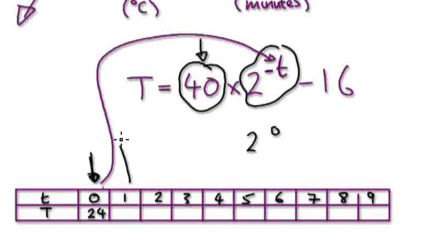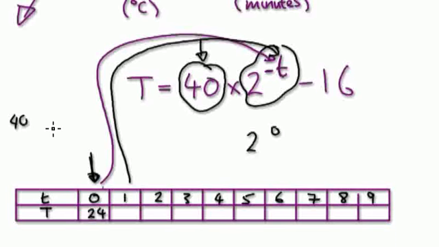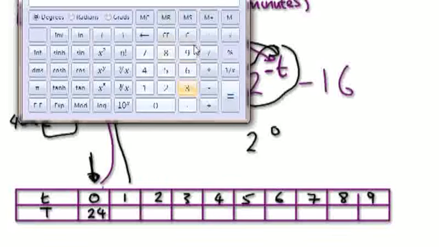Now put the 1 into this thing now, so it would be 40 times 2 to the power of minus 1. Well, hang on, let's get a calculator.